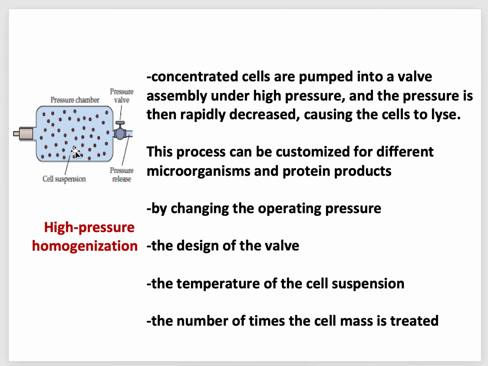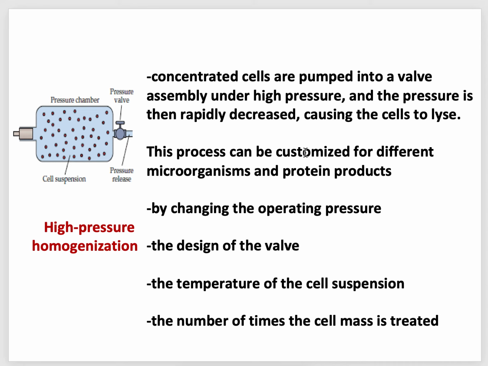I mean, the cells that we want to disrupt, first we need to concentrate them, and then we pump them here with very high pressure. The pressure will be very high inside. Then the pressure is rapidly decreased. So the cells will be in very high pressure, and then the pressure will be rapidly decreased. This rapid change in the tension will cause the cells to lyse.